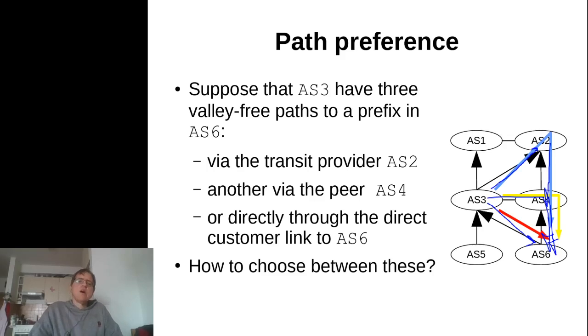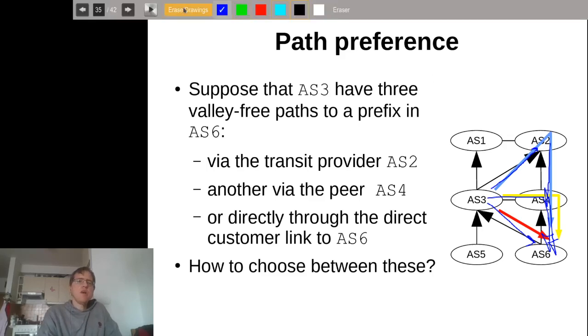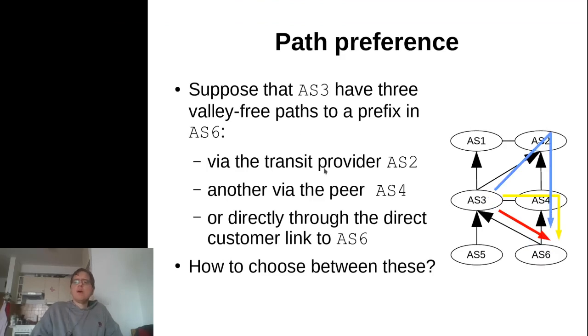The question is how AS3 chooses between each of these very free paths. Since each path in this setup is a very free path, all of them are traversable by AS3. AS3 will be free to choose between any of these paths in this little setup. How does it actually choose between them?